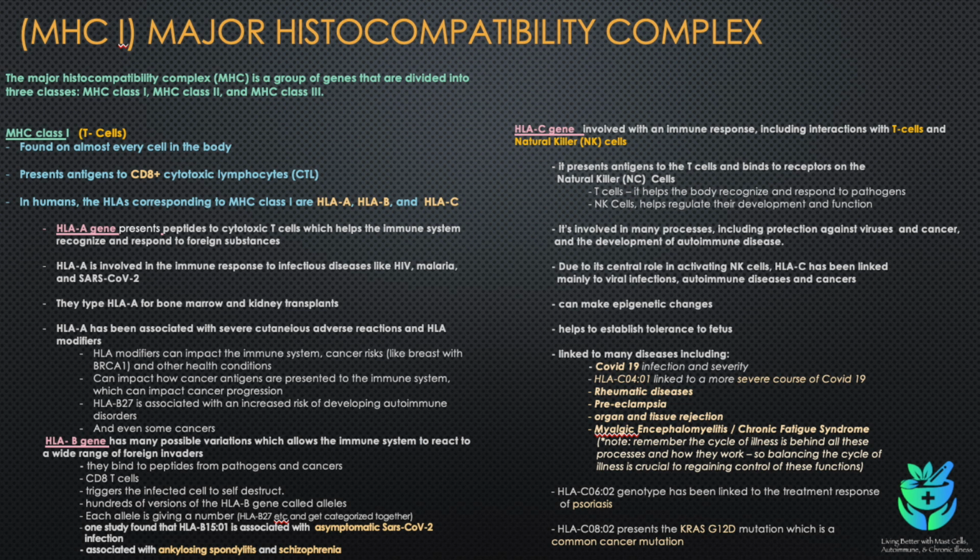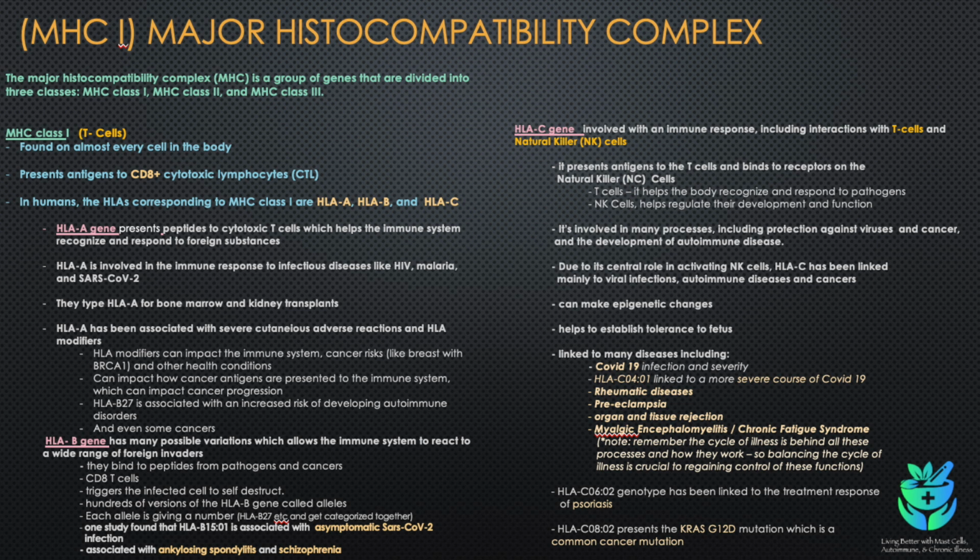The HLA-A has been associated with severe cutaneous adverse reactions and HLA modifiers. So what does this mean? HLA modifiers can impact the immune system, your cancer risks, especially breast with the BRCA1, and other health conditions. It can also impact how cancer antigens are presented to the immune system, which can impact cancer progression.